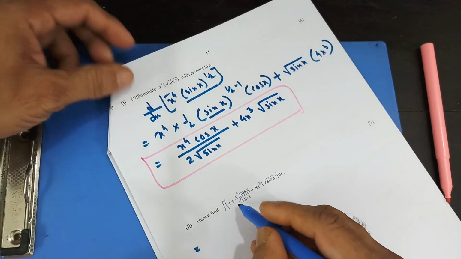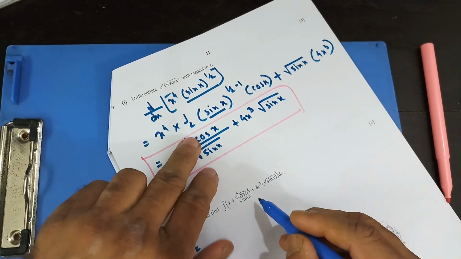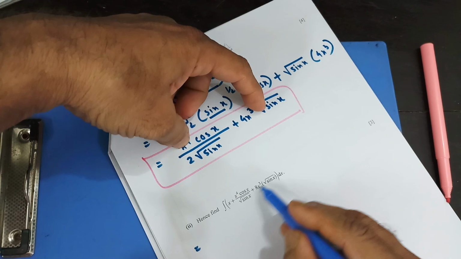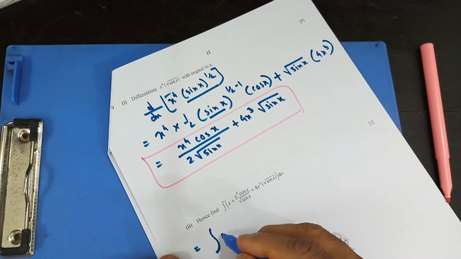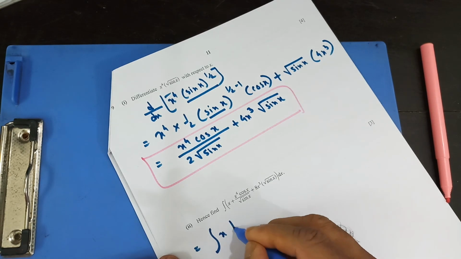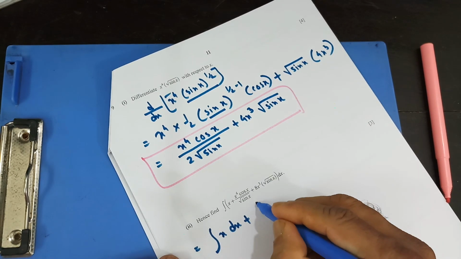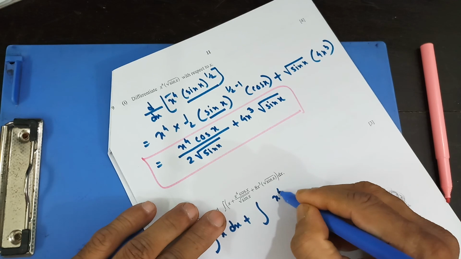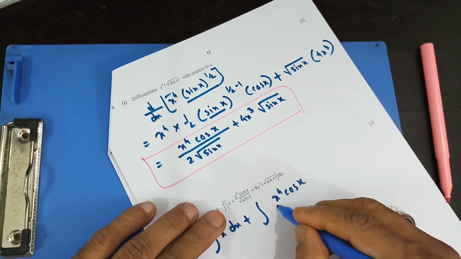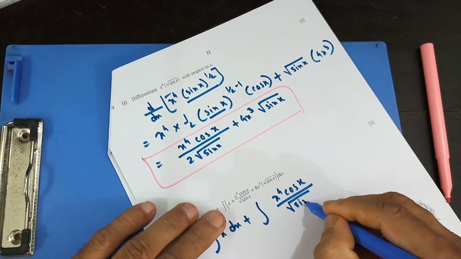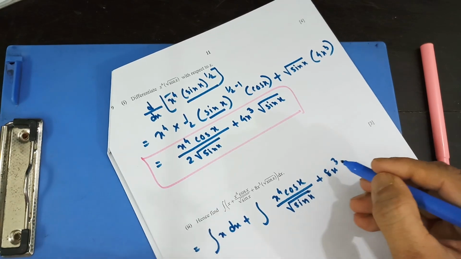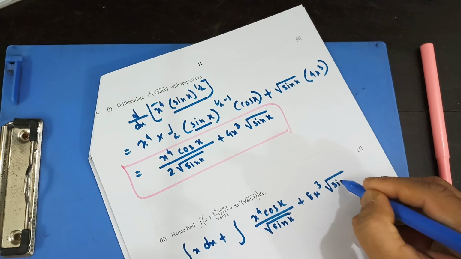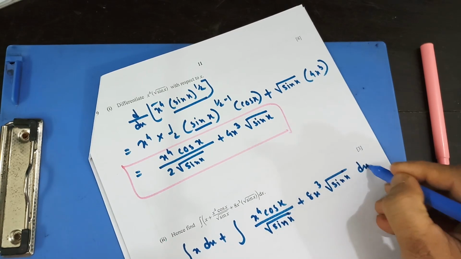Okay, so this one does look something like this two-part, and this is some extra part. So what I'm going to do is split that: x dx plus x to the power 4 cos x over square root sine x plus 8x cubed square root sine x dx.